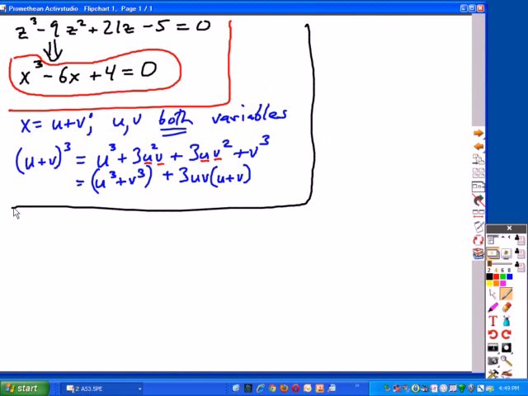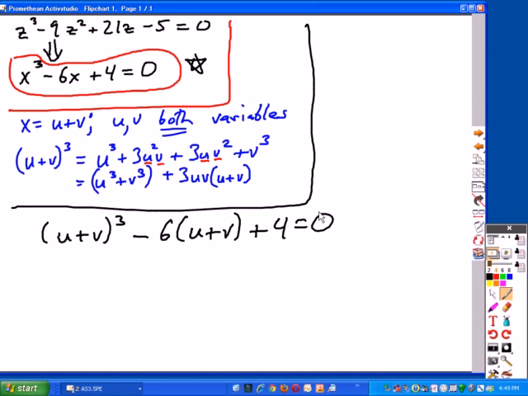So we take our equation up here, and everywhere we see an x in this equation, which I'll put a star next to so I can refer to it as equation star, let's put in the quantity u plus v. And so that equation becomes u plus v cubed minus 6 times u plus v plus 4 equals 0.